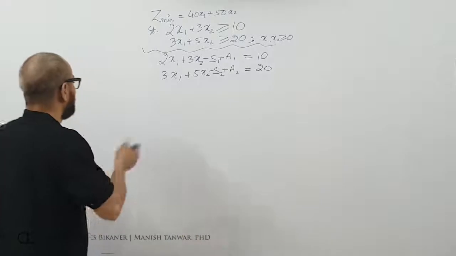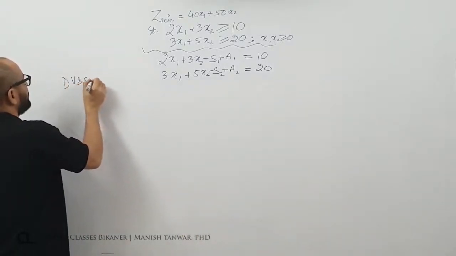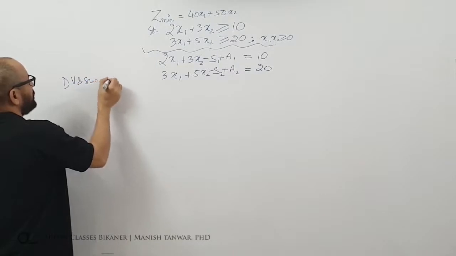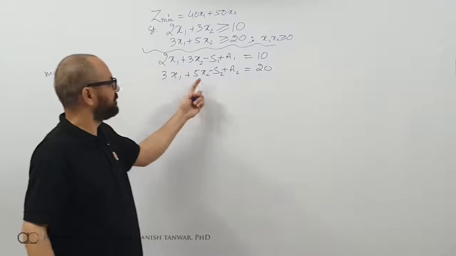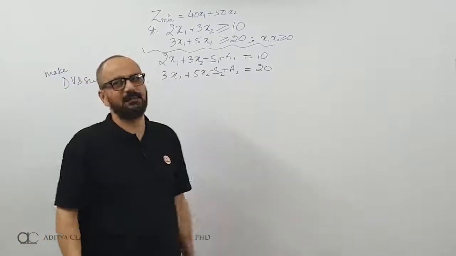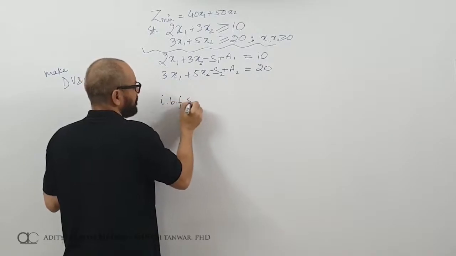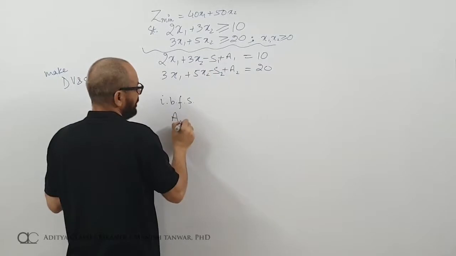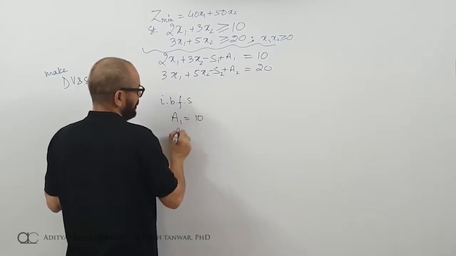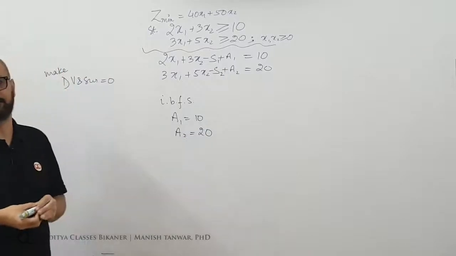Now what happens? What is my condition? Make decision variables and surplus variables equal to 0. If I make decision variables and surplus variables equal to 0, I am left with an IBFS. What will be my IBFS? 0 plus 0 plus 0 giving me A1 is equal to 10, A2 is equal to 20.